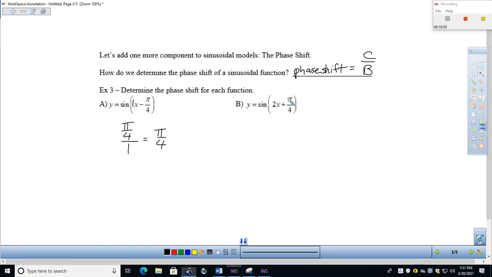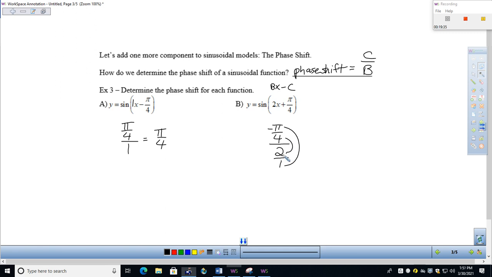In this particular case, remember it's Bx minus C, that's our default inside the parentheses, so this really reads 2x minus negative pi over 4. So the C value here is actually negative pi over 4. And as a result, when I do negative pi over 4 divided by 2, and anytime I get that little quick compound fraction, remember outside over inside.